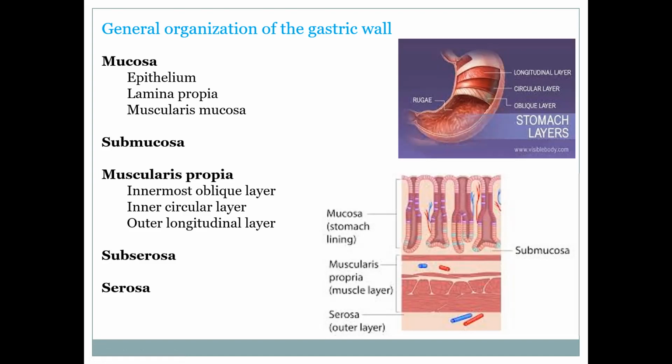But the difference from the esophagus is that in the stomach there are three layers in the muscularis propria. Apart from the inner circular and outer longitudinal layers, there is an innermost oblique muscle layer in the stomach.